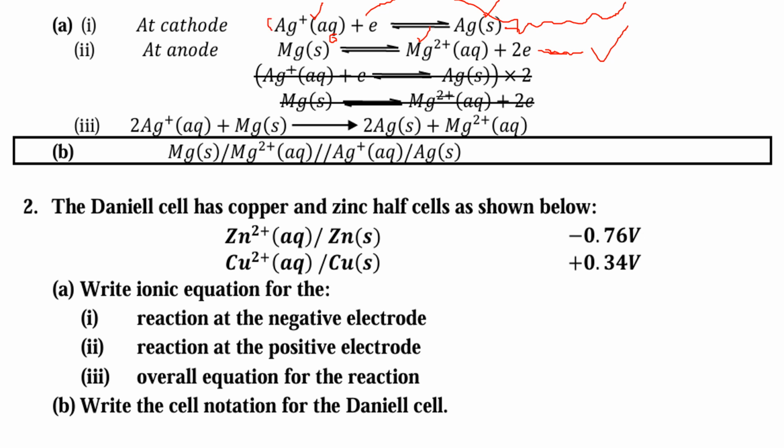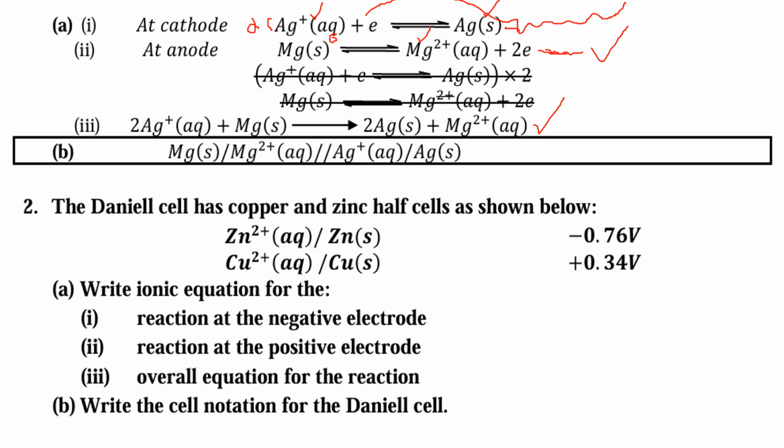So you have to multiply the first equation by 2. After multiplying it by 2, you cross out electrons, and you end up with the overall equation to be the following. I hope that is very simple to understand. You get your overall equation by eliminating electrons, just like you did in redox reactions.